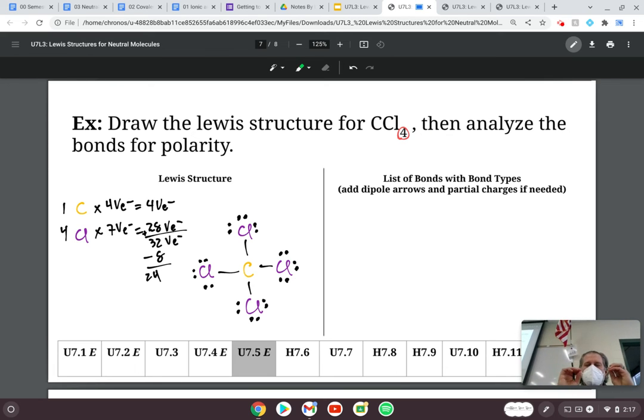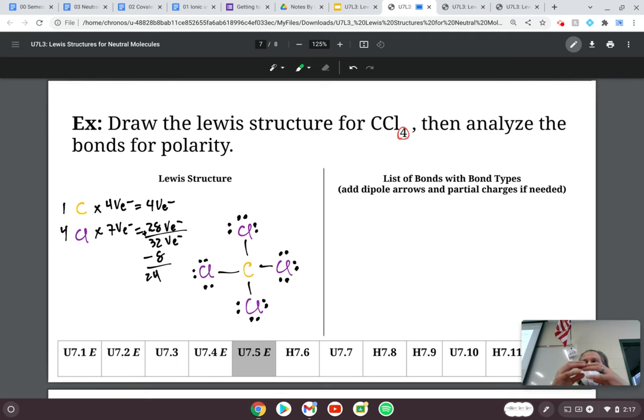Because carbon had 4 lines around it, right, it had a total of 8 electrons. So carbon had satisfied the octet rule with just those 4 bonds. Okay. Chlorine, say the chlorine on the right, for example, had 1 bond. That 1 bond, right, only gave chlorine 2 electrons.